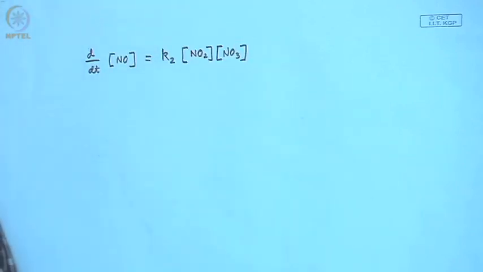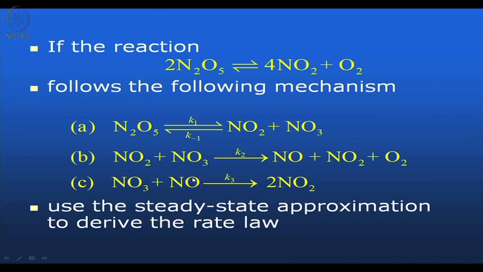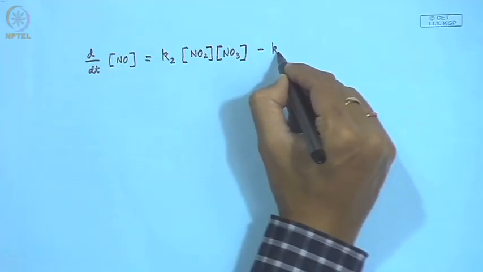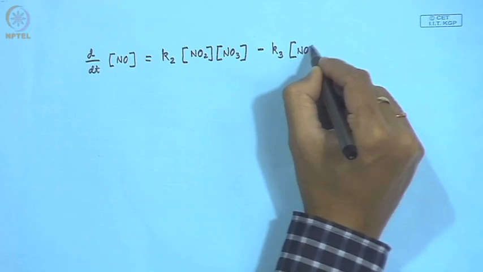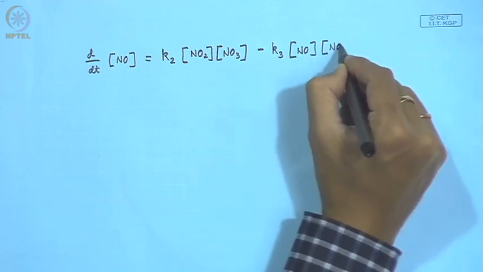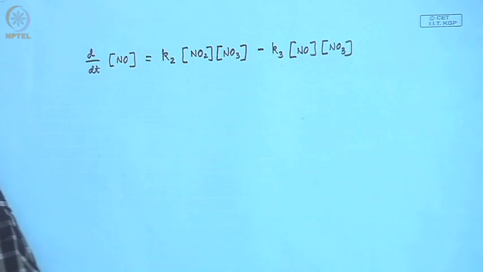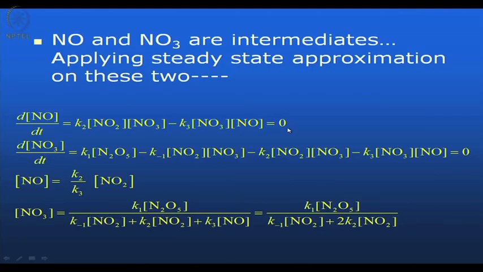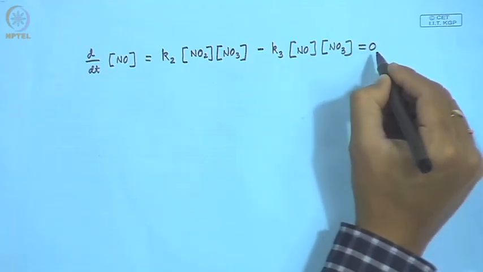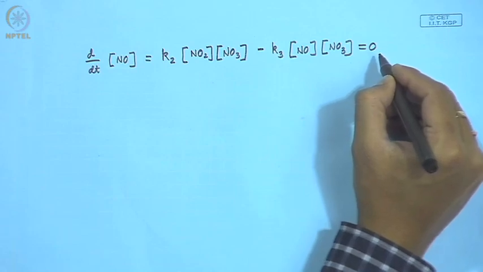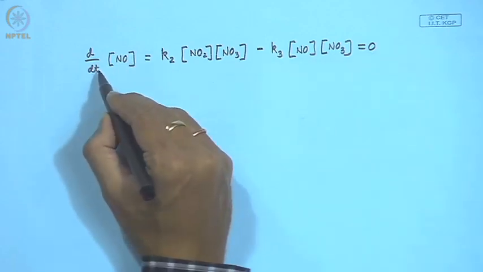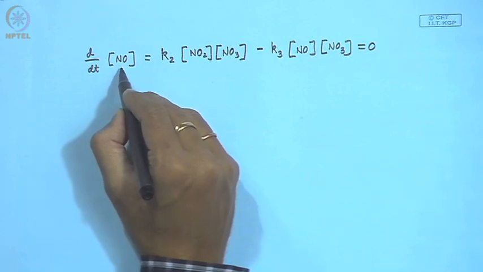And here it is used up to produce some other product, so it should come with a negative sign because it is depleted: minus K3 into NO3, times NO. You put this equal to 0, that means you are invoking steady state approximation, that is, with time the concentration of NO does not change.